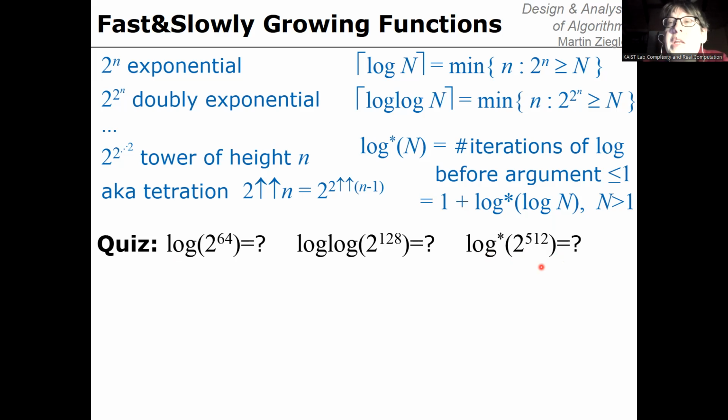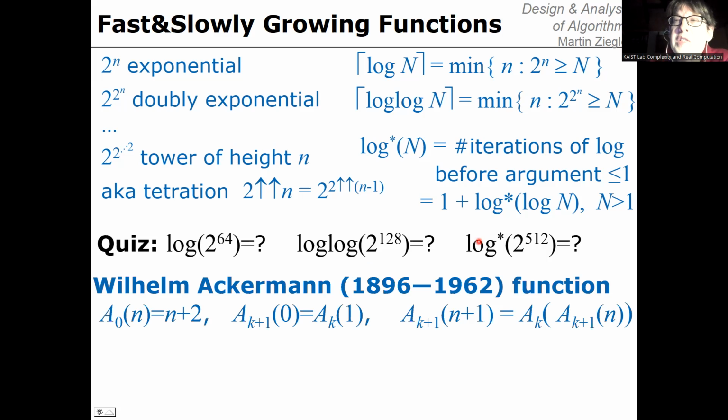So for all practical purposes, they can be considered constant, but from our theoretical asymptotic perspective, they are not constant. They do grow, just very slowly, even more slowly than log. And that was the preparation to an even more slowly growing function, named the inverse Ackermann function.